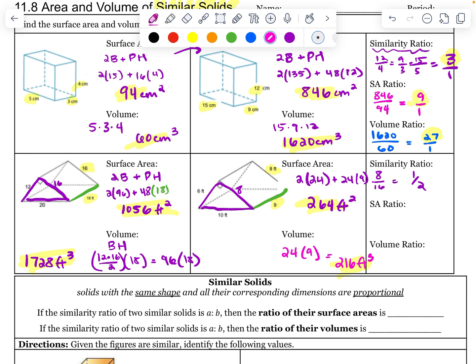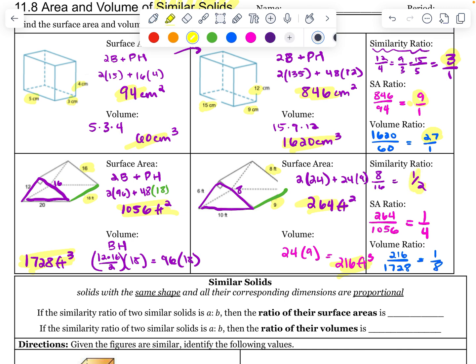The similarity ratio is 1/2, the surface area ratio is 264 over 1056. Again, I'm using the fraction button to reduce this for me. That's a 1/4. And then the volume ratio, 216 over 1728, is 1/8.